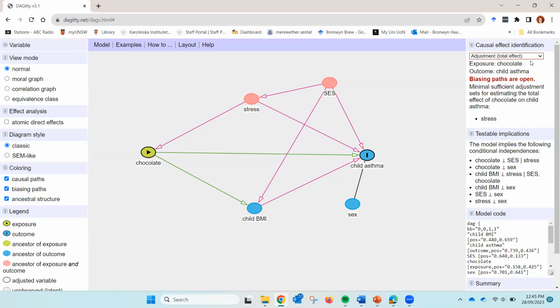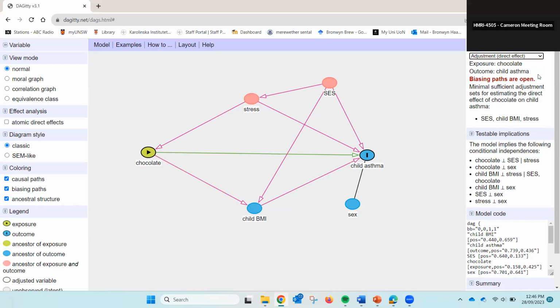So we can happily say from that that chocolate has a direct effect somehow on this increase of child asthma, but also a part of it is definitely going through child BMI. Does that make sense? In DAGs, we can go to here, and it will tell us what we need to adjust for if we want to look at the direct effect.